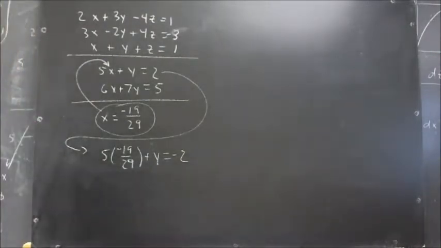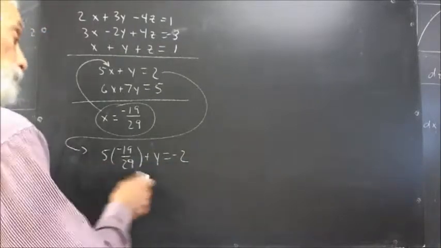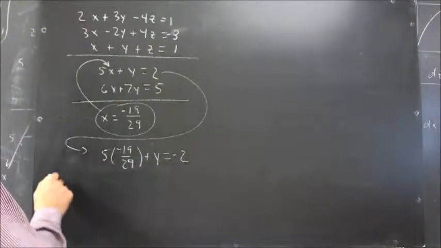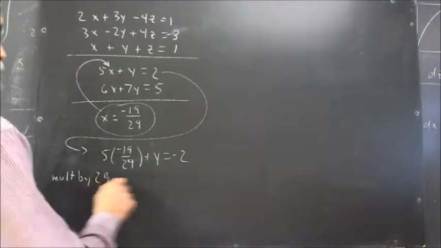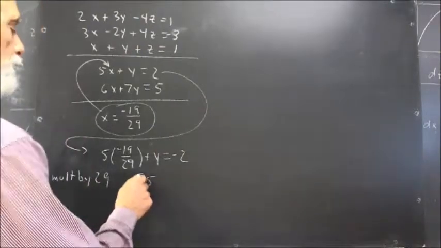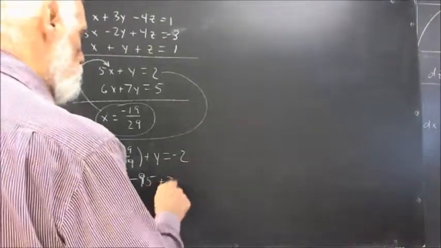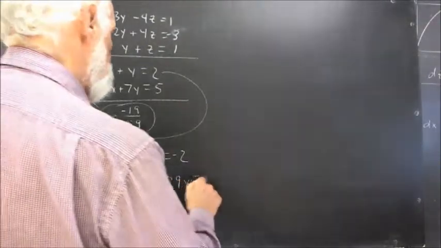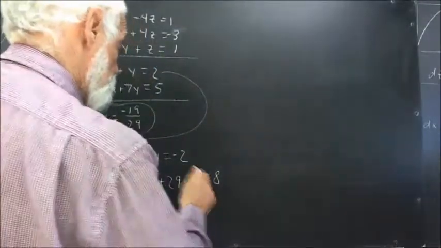The easiest way to solve this is to get rid of the denominator completely. We multiply both sides by 29 to get negative 95. Negative 95 being 5 times negative 19, plus 29y equals negative 58, because that's a negative 2.